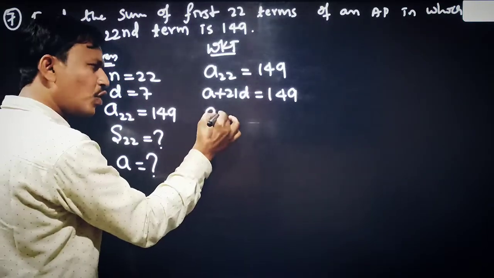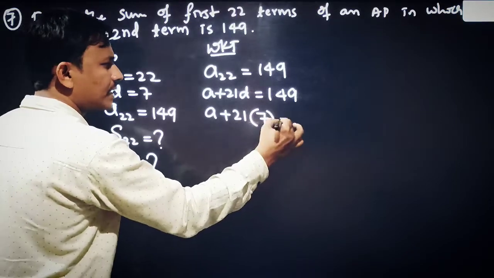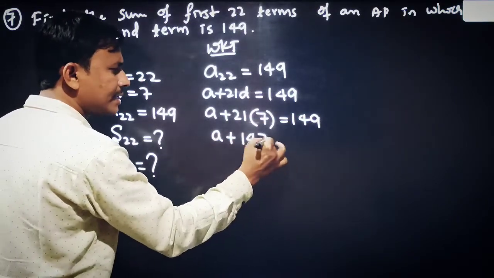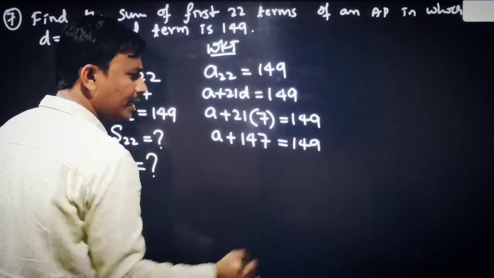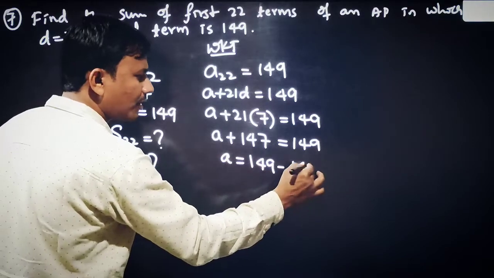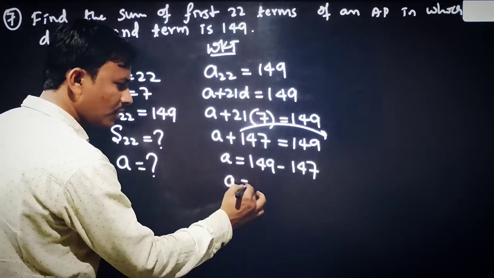What is the A value? Don't know. 21, D value 7. A plus 147 is equal to 149. A is equal to 149 minus 147. Plus it will become minus. Next, A is equal to 2.